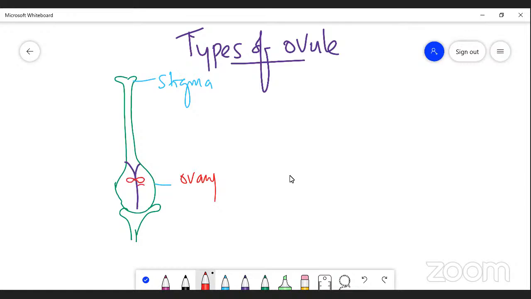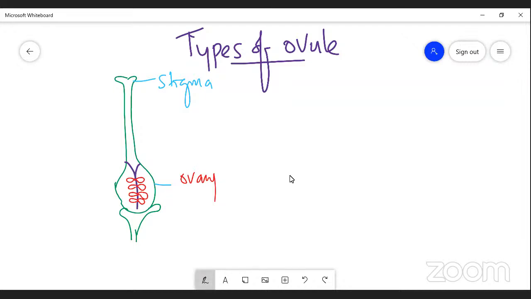Now here you can see the ovule is an organ that is found in the ovary of a gynoecium in a flower. The structure of ovule varies from one plant to another, right? Generally, ovules are classified into 6 types.